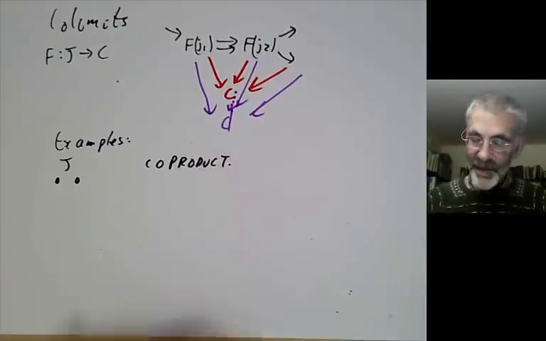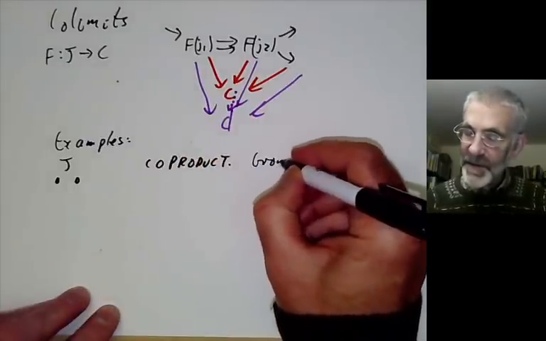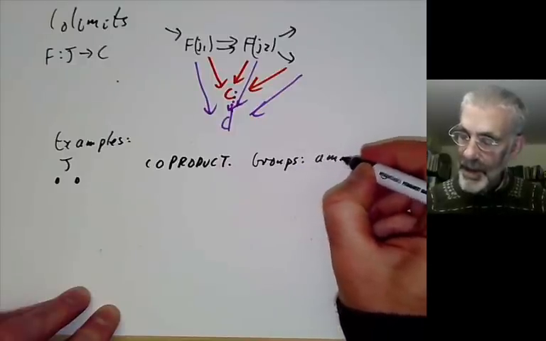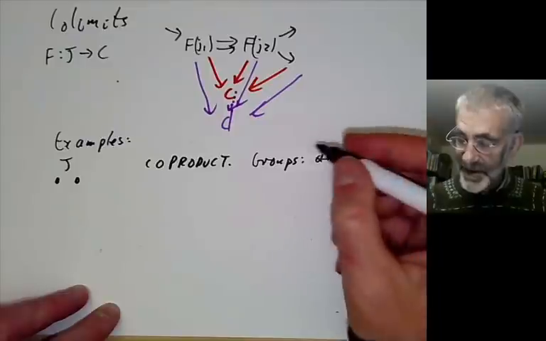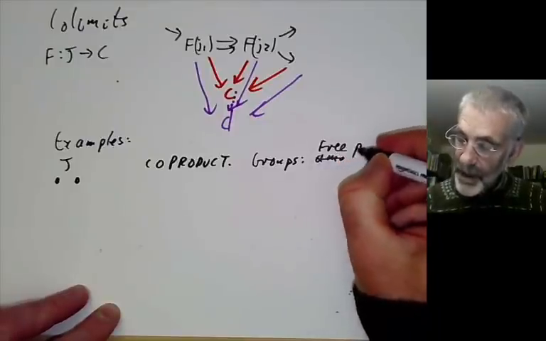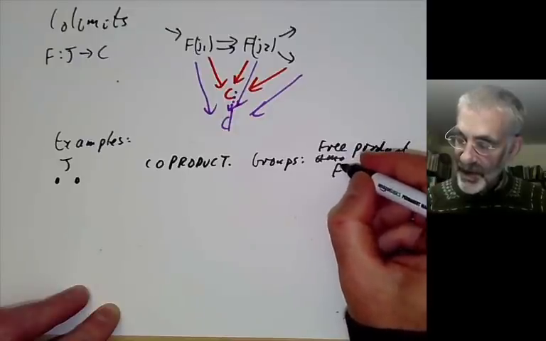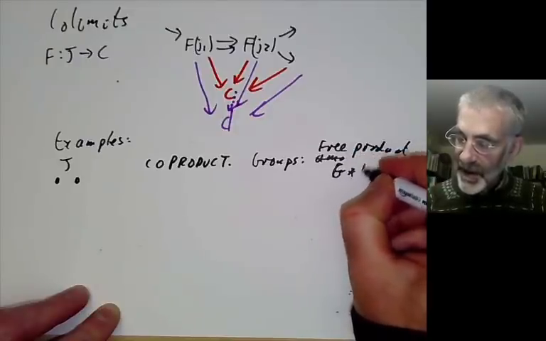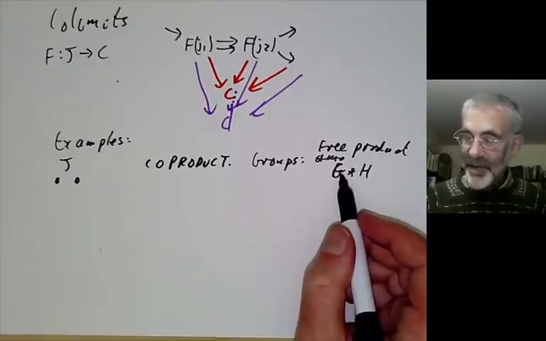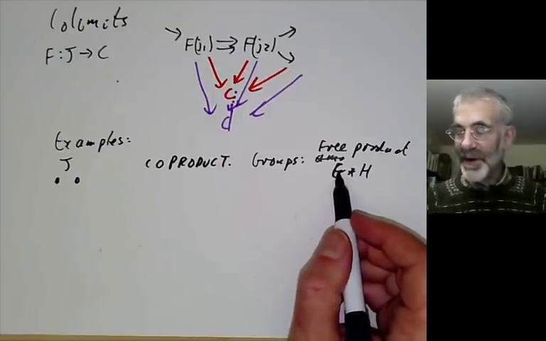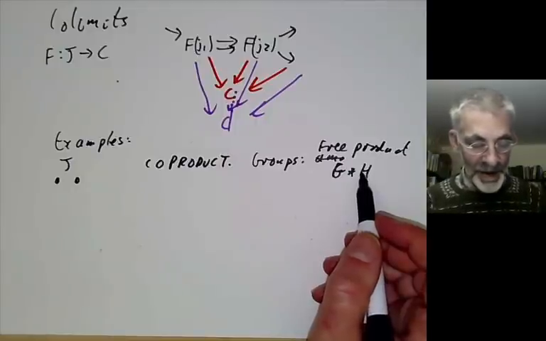And let's give some examples. For the category of groups, this would be the free product of two groups. The group might be G star H, which is the biggest possible group you can find that's generated by a subgroup G and a subgroup H.